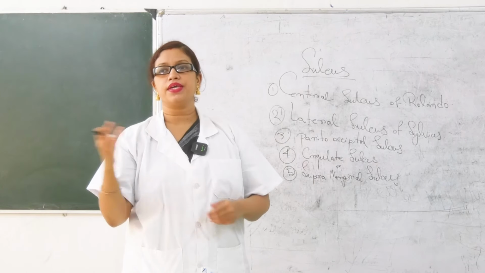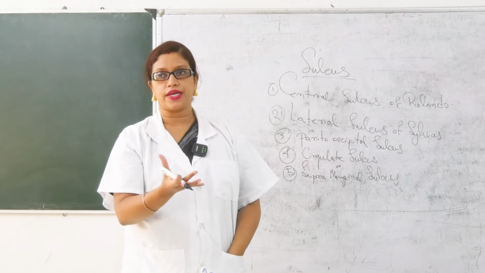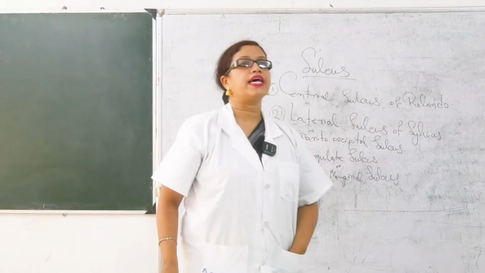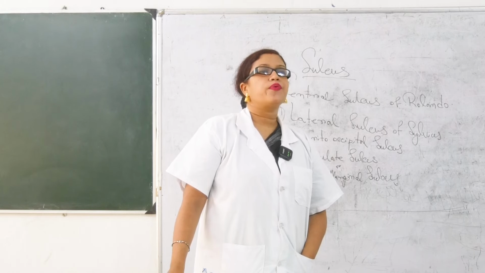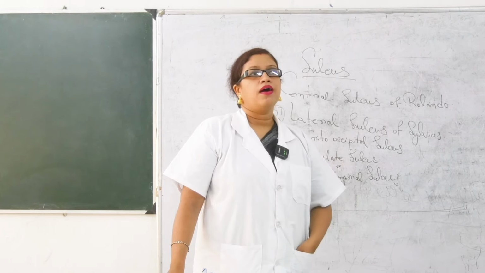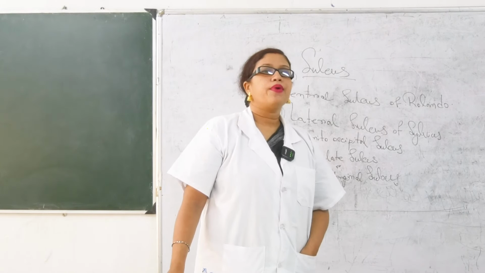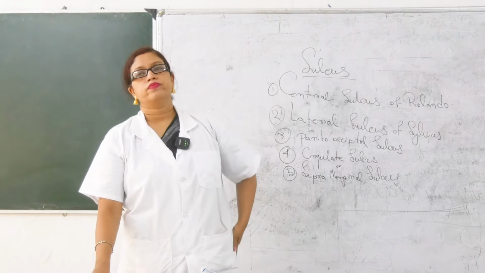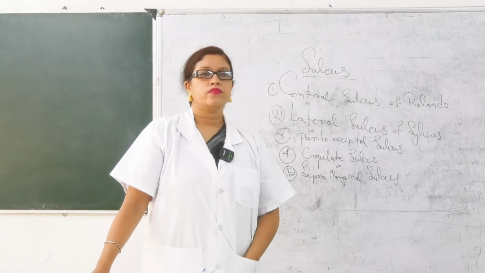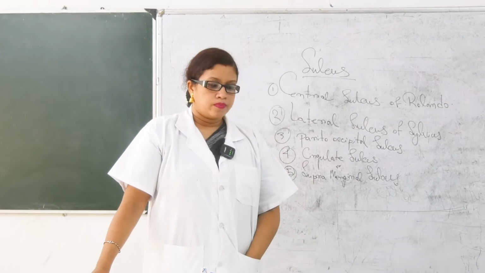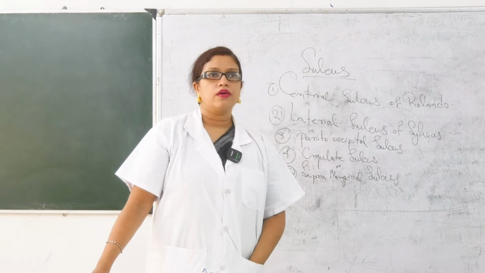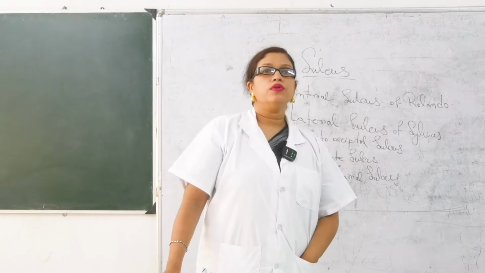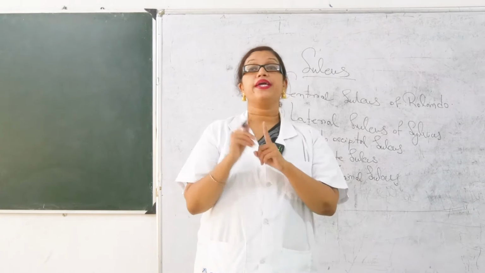And if you see the cerebrum from the inferior aspect, which things will you get? Write it down: from the inferior aspect, the cerebrum has the following parts. Number 1, what will you get? Optic chiasma.